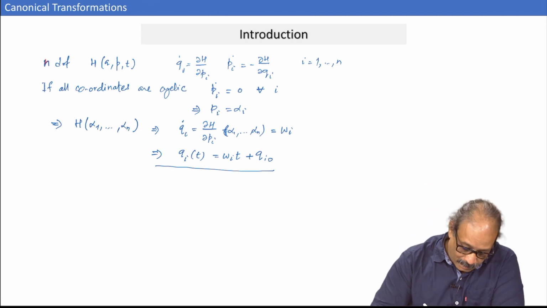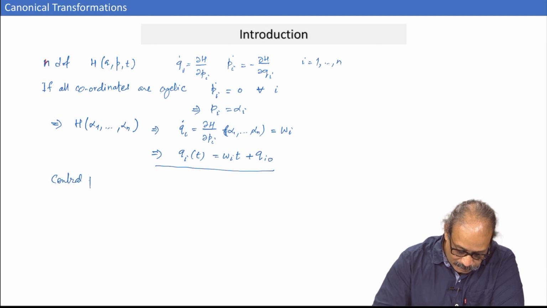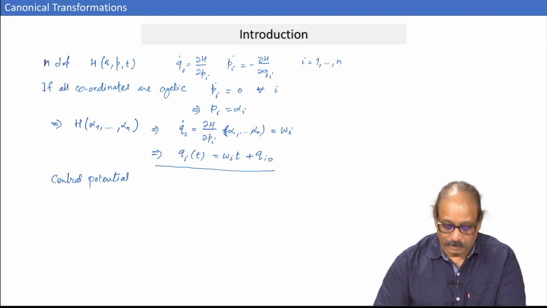Take for example, the case of a central potential. What would be your Hamiltonian?